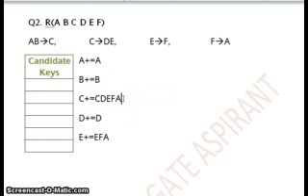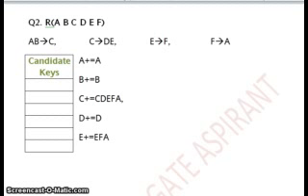So we can say that if I include B with C, then it becomes powerful enough to become a candidate key. I told you already that our approach is to find the first candidate key, and then we can go about finding the rest of the candidate keys very easily.